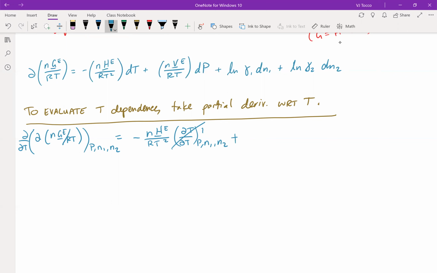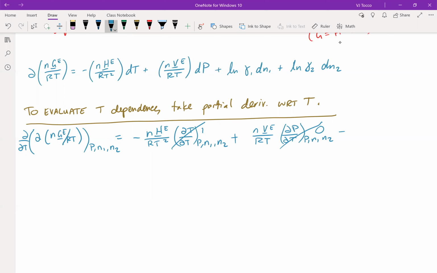For the other three terms, if I take the partial derivative with respect to temperature while keeping the other variables constant, for example, NVE over RT, the partial derivative of pressure with respect to temperature, but if I'm keeping pressure constant, then the change in that variable has to be 0.